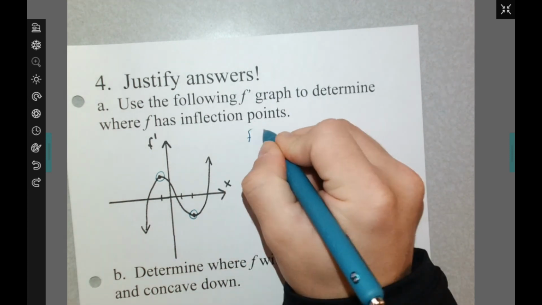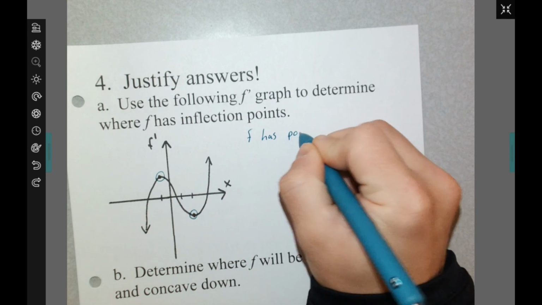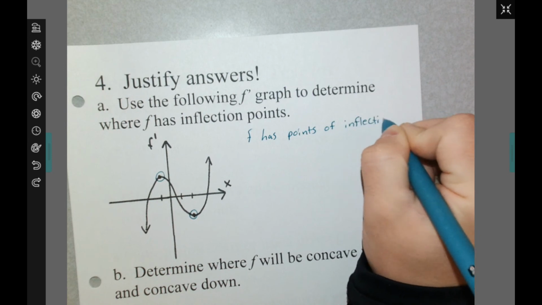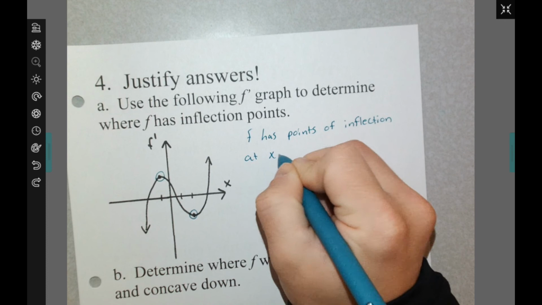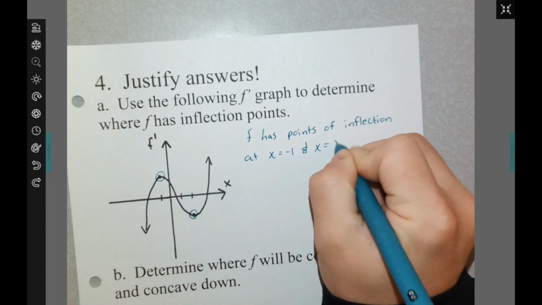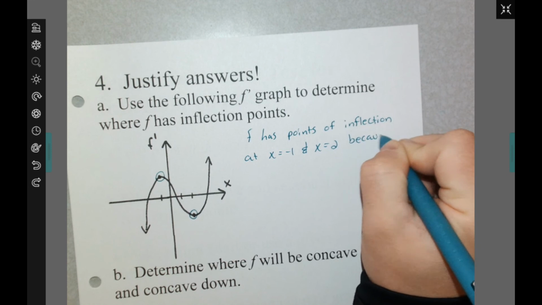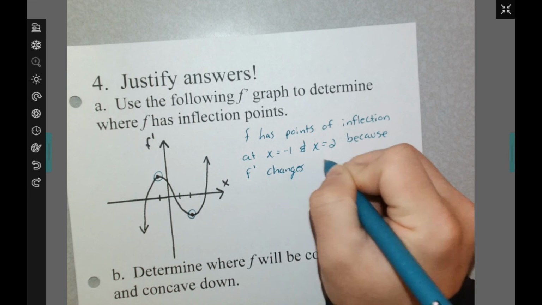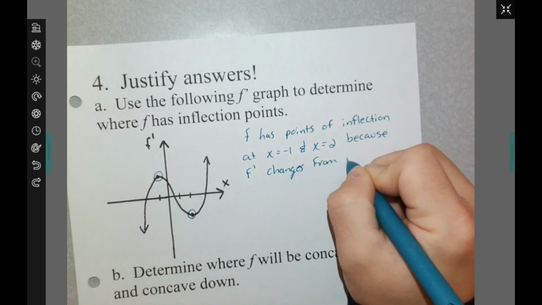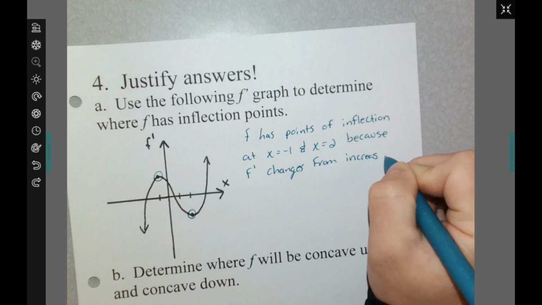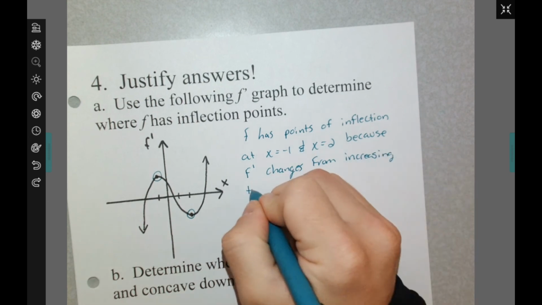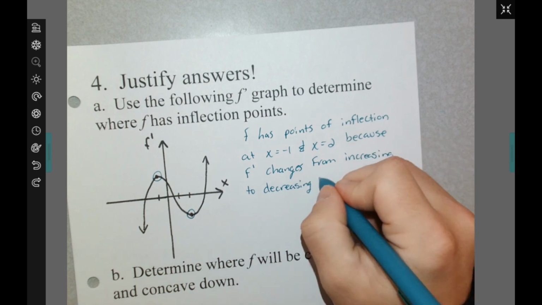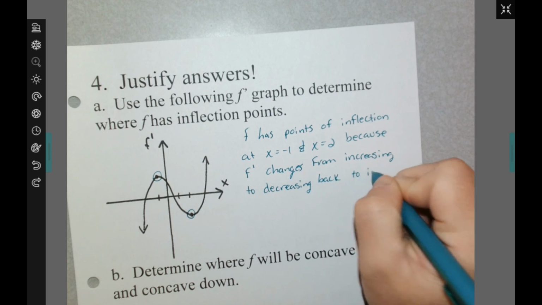And we're going to say f has points of inflection at x equals -1, x equals 2, because f prime changes from increasing to decreasing back to increasing.